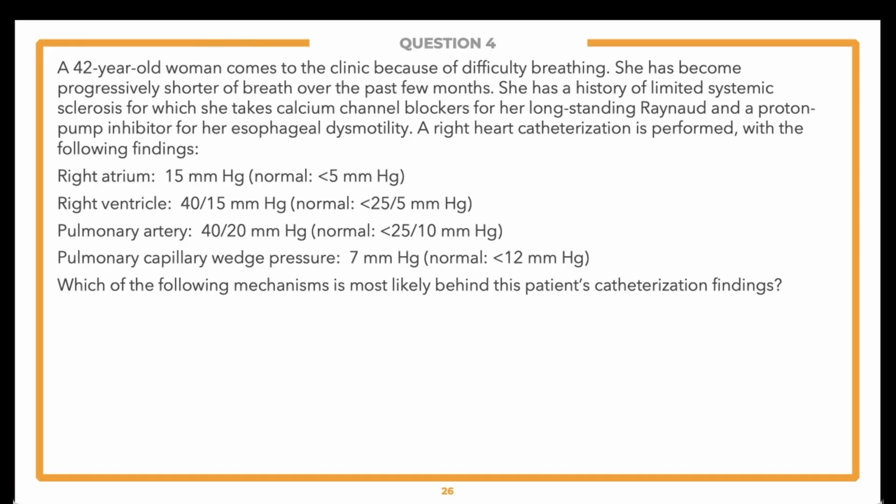You can see the findings for the right atrium, the right ventricle, pulmonary artery, and the pulmonary capillary wedge pressure. Okay, so look over that, and again, we'll pose the question: which of the following mechanisms is most likely behind this patient's catheterization findings? Give you something to try to take this in as I pass it over to Abraham.